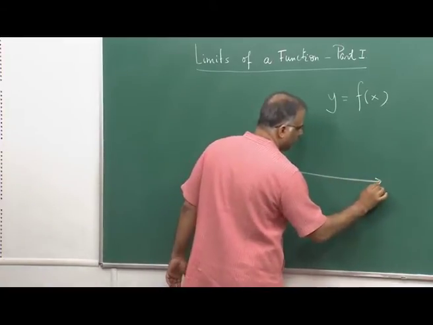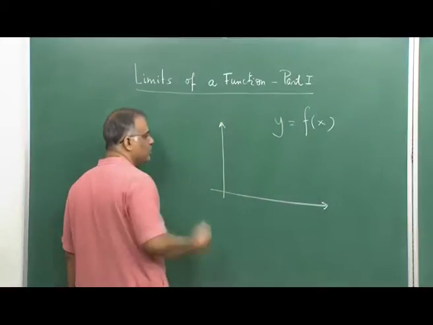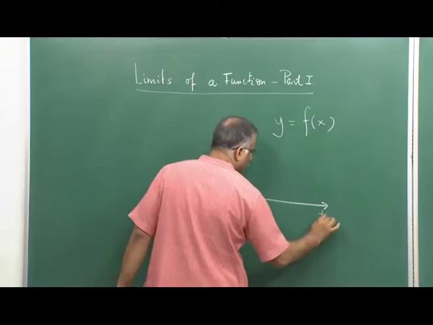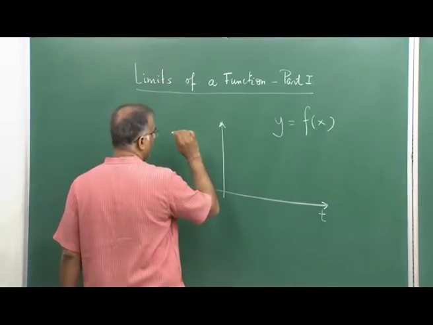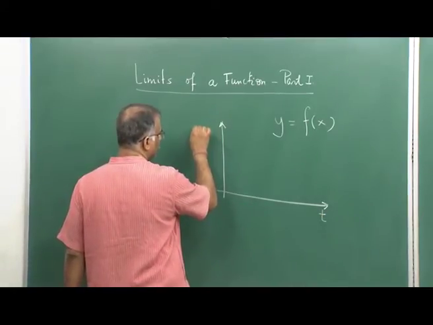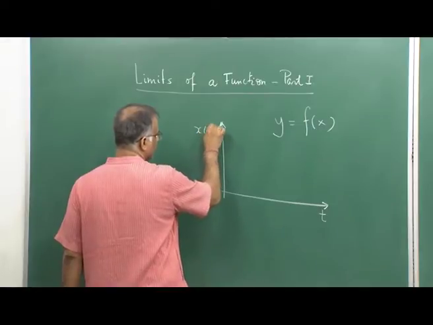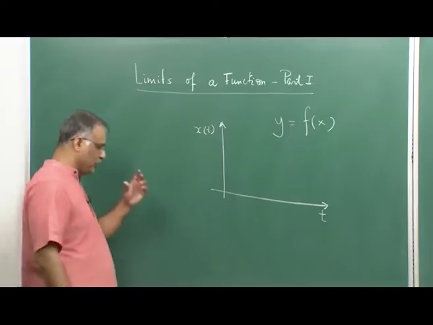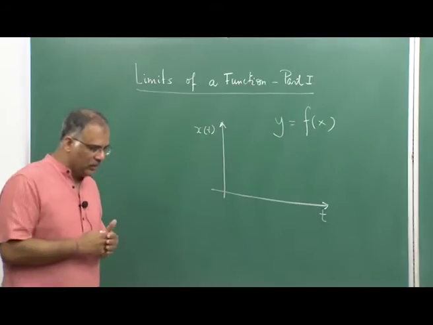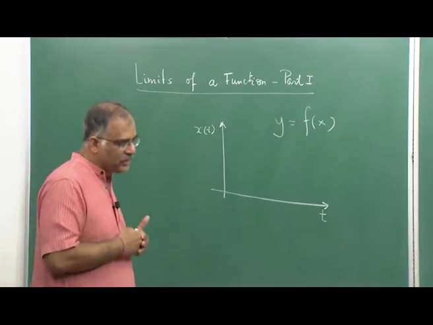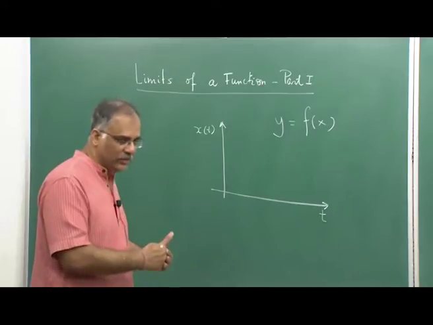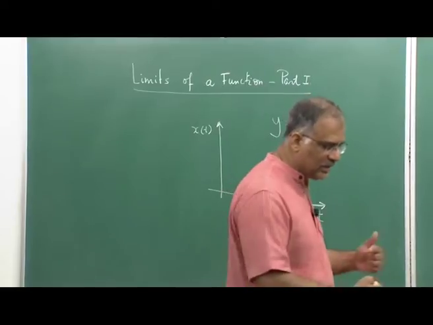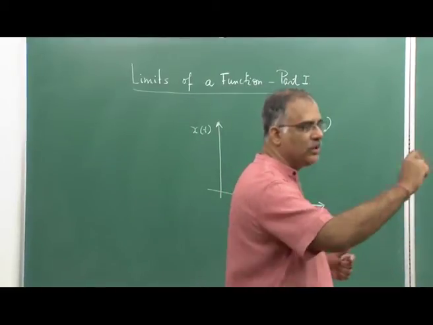look at the velocity, how a particle is moving, I can draw a graph and put x(t), a function of t, as the position. You can always consider time when you are standing still at time t equal to 0, then you start moving. As you move the distance changes, and as time flows you cover more distance.